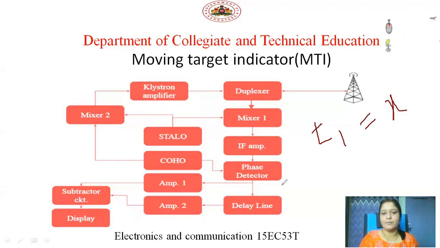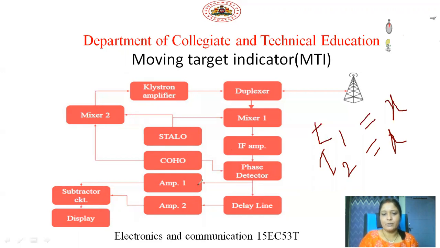Now after some time, if you measure again at time t2, the output will again be x only at the phase detector, because for the stationary object the phase will remain the same.